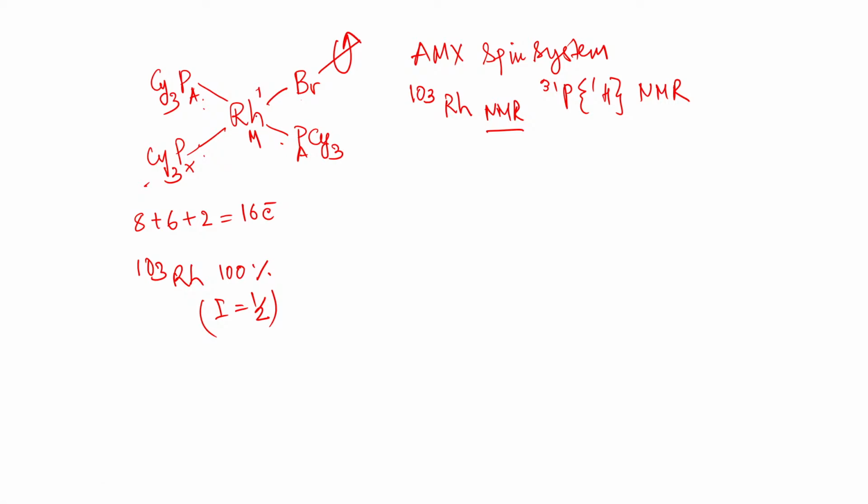So rhodium first couples with these two, and again here two are there. You can use the 2nI plus 1 rule, and first you get a triplet here, something like this. This is your rhodium phosphorus A coupling. Now this will be further split into a doublet by this one.